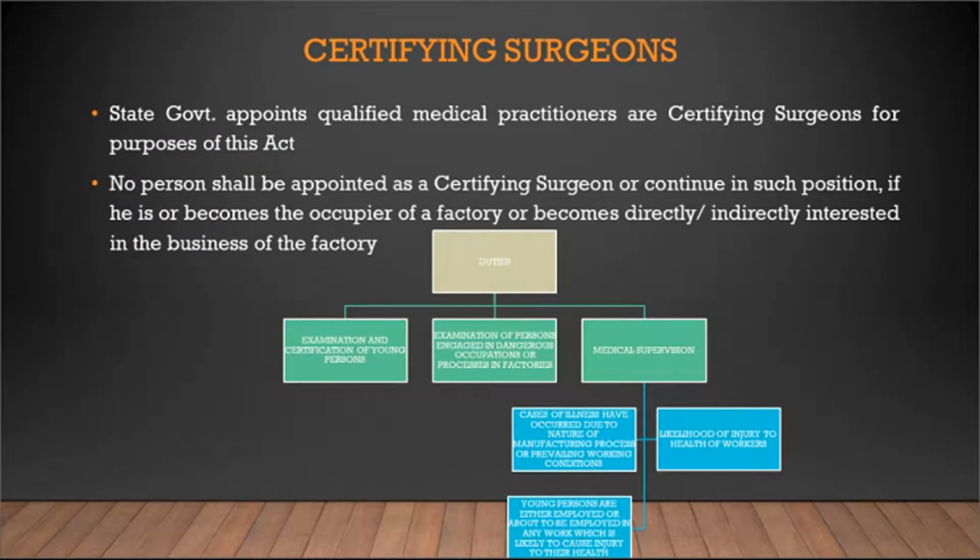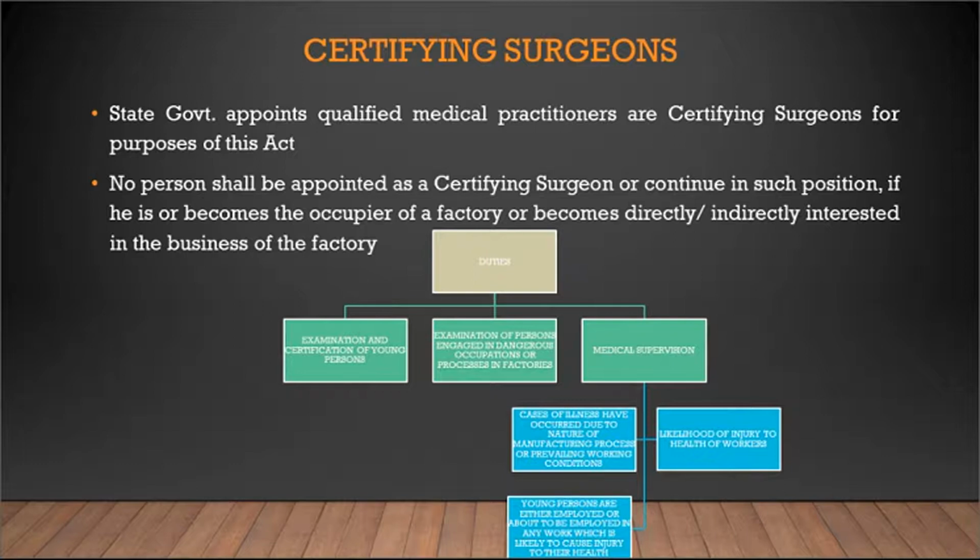The ancillary staff along with the inspector is the certifying surgeon. Now, if you go back to the provisions of employment of young persons, it has been repeatedly emphasized that all young persons are to be employed only after being given a proper certificate of fitness, and this fitness certificate is given by the certifying surgeons.